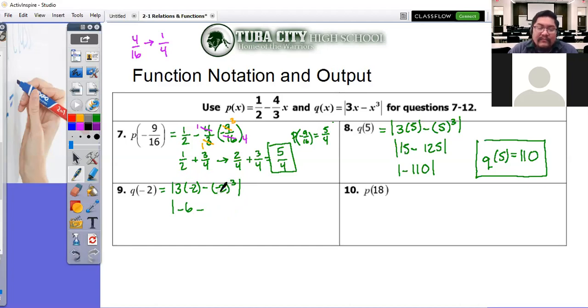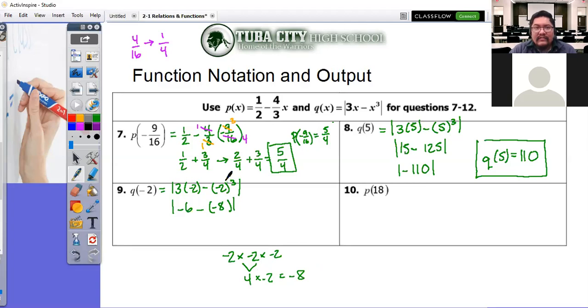Actually, in this case, we might get something a little bit different because it would be -2 times -2 times -2. So I'm going to have to start with one side. So this would be 4 times -2, which would actually give us -8. So in this case, we would end up with -8.